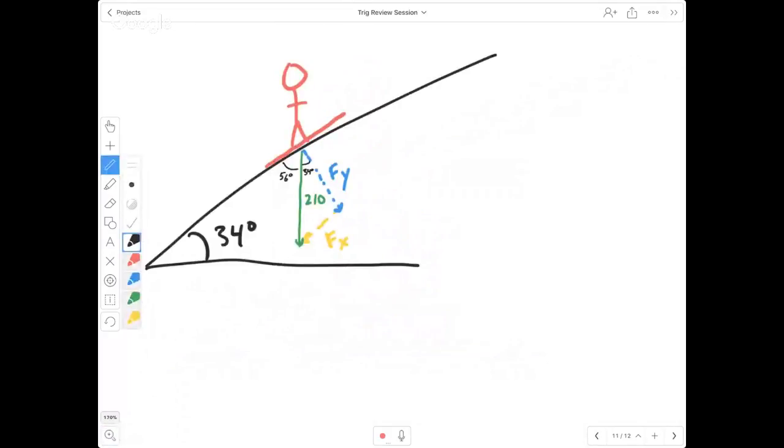So saying that the sine of 34 degrees is equal to the opposite side over the hypotenuse 210, the force of friction would need to be 210 sine 34.